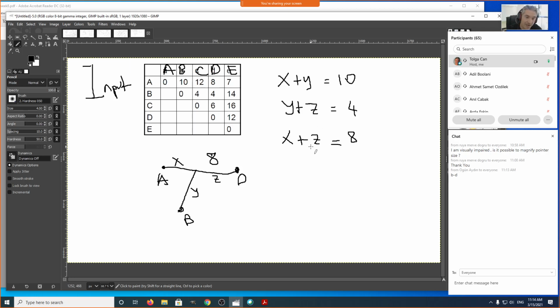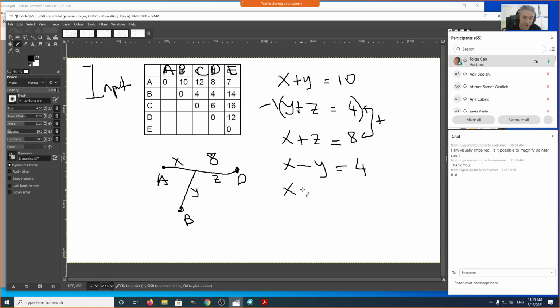For example, if I multiply the second equation by -1 on both sides and add these 2 together, that gets rid of Z, and this becomes X minus Y. 8 minus 4 is equal to 4.